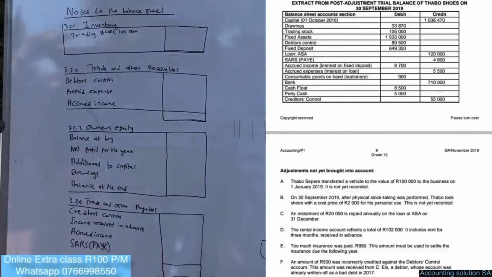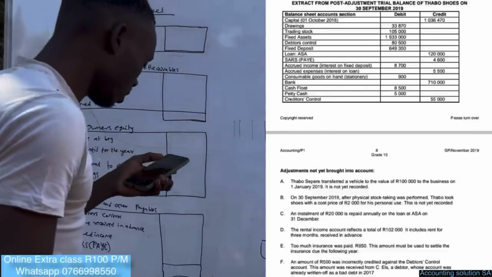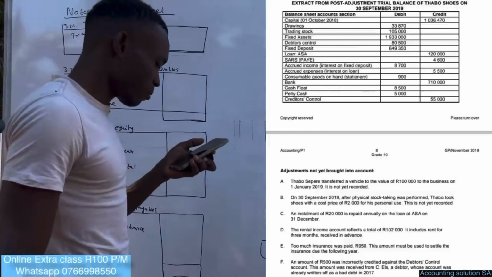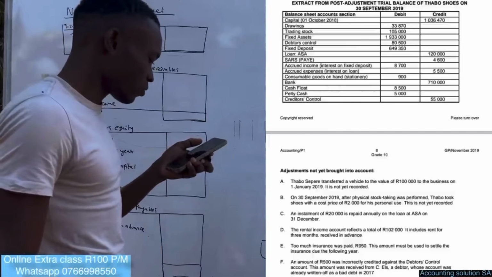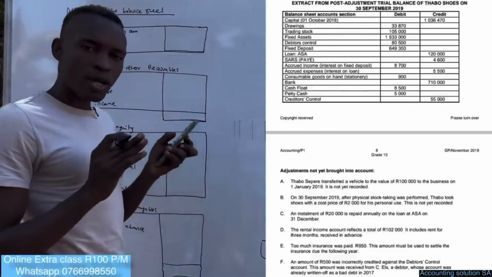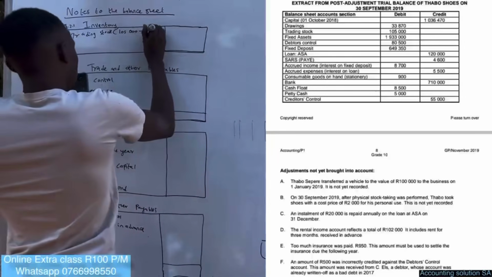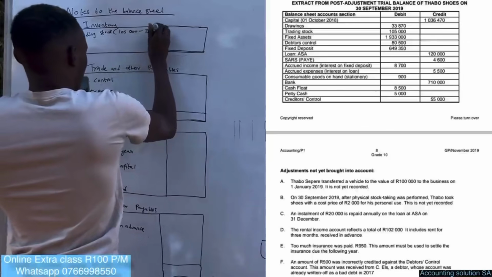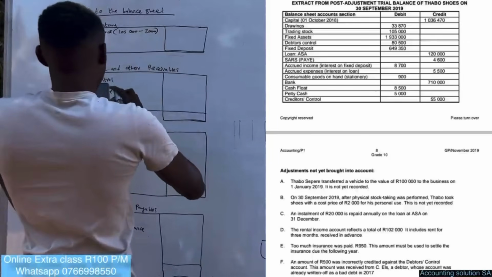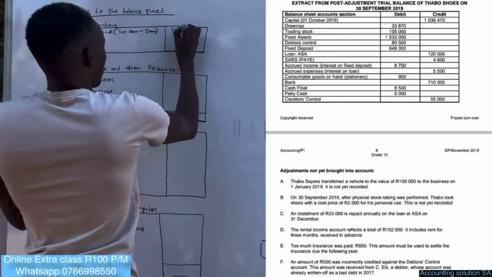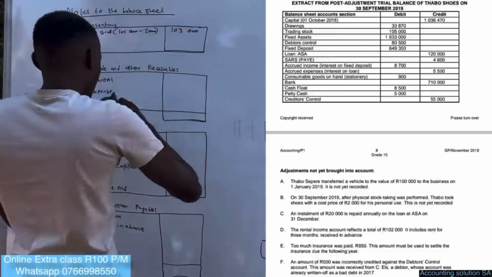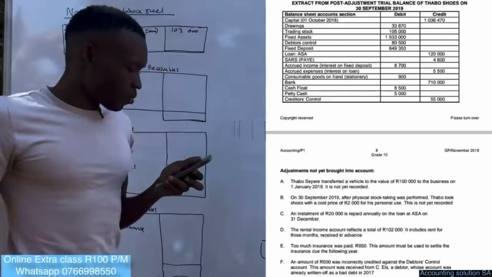So let's check additional information number B. They said on 30 September 2019, after fiscal stock taking was performed, Tabo took a shoe with a cost price of 2,000 for his personal use, and this inventory was not recorded. We no longer have this inventory because he took it for personal use, minus 2,000, which gives us 103,000.